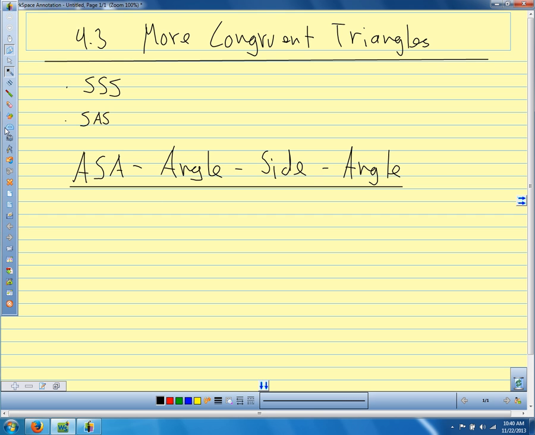And what the angle side angle postulate tells us is that it's like the side angle side, but just in a different order.